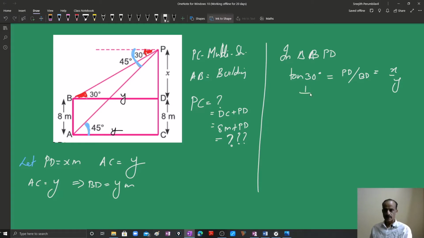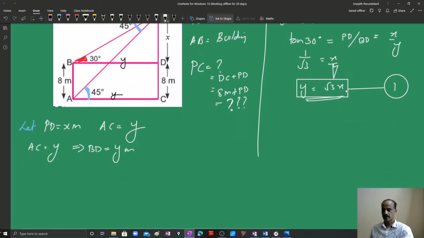That is 1 by root 3 is equal to X by Y, or Y is equal to root 3 X. This is relation number 1. We will use it later.